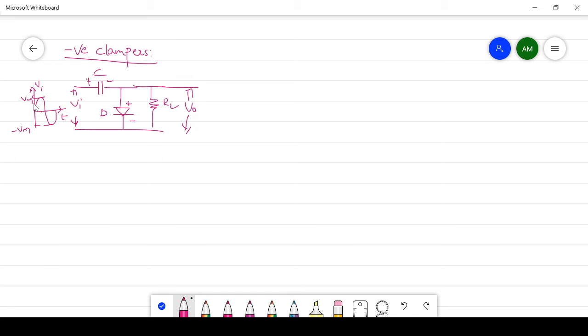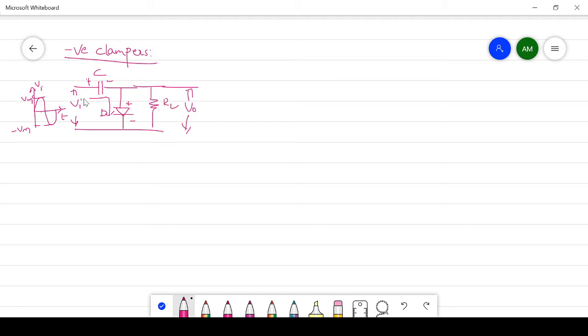Whenever we apply the positive half cycle to the circuit, the diode becomes forward biased, so it conducts. The diode is a short circuit, it is on, so the total current flows through the diode only. So there is no voltage across the output terminal, and no signal appears across the output. The total current flows through the capacitor, and the charge is applied to the capacitor.